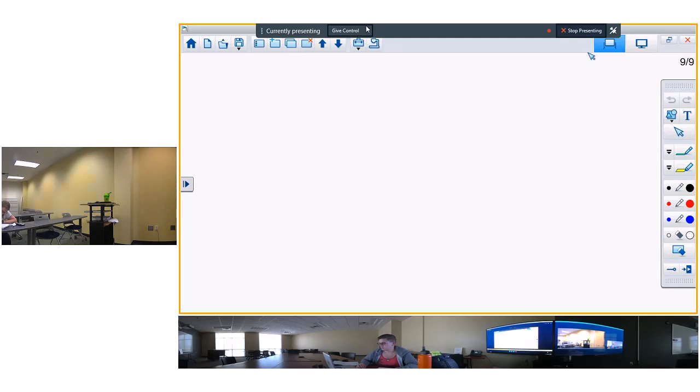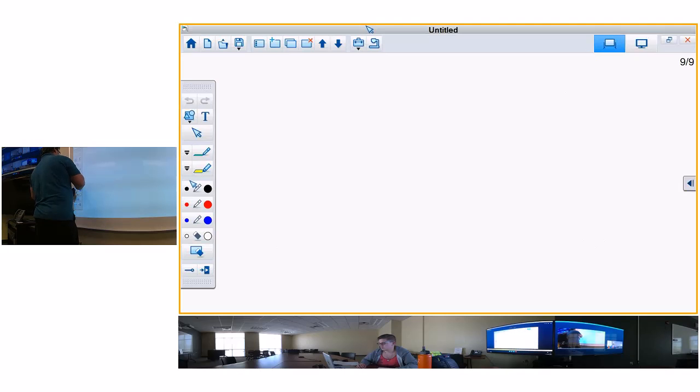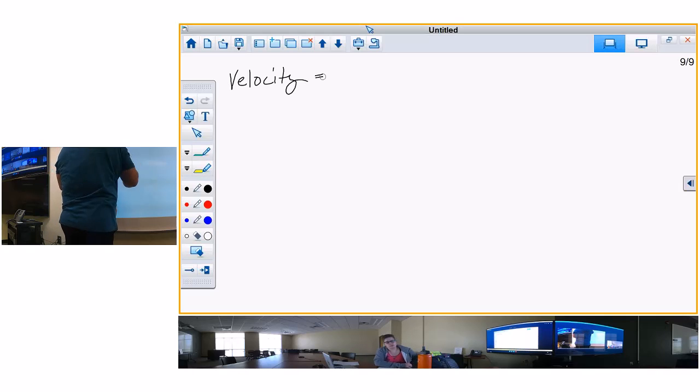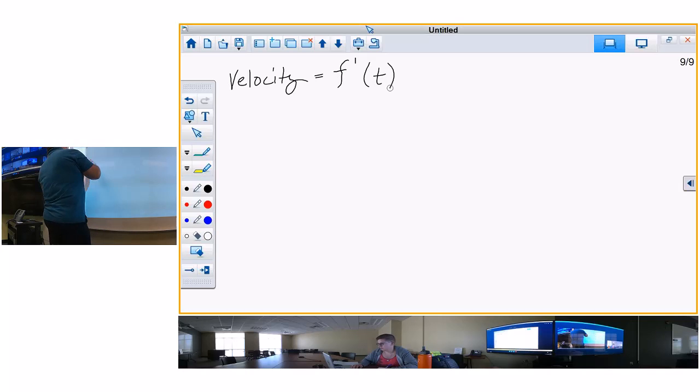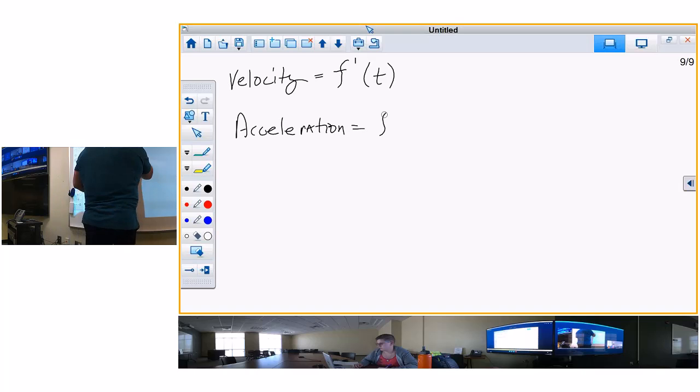Velocity. I had this cut out also, but it's in your book, but I can't tell you what page it's on because, like I said, I had it cut out. F prime of t is velocity, and acceleration is F double prime of t.